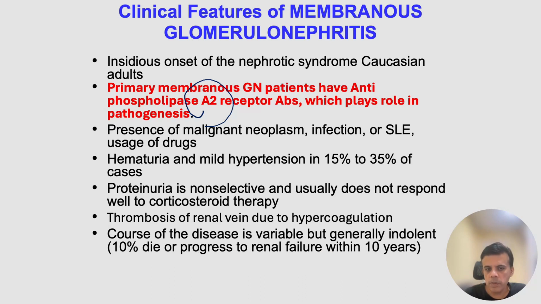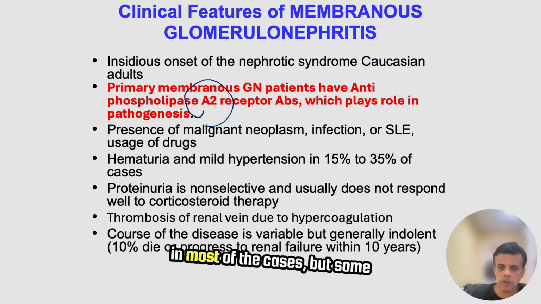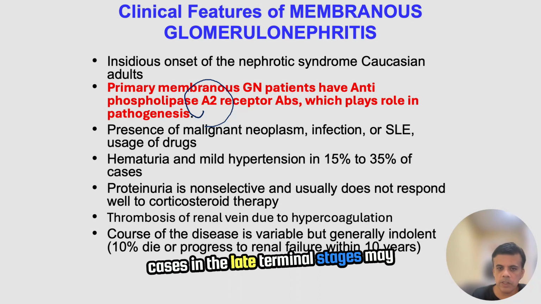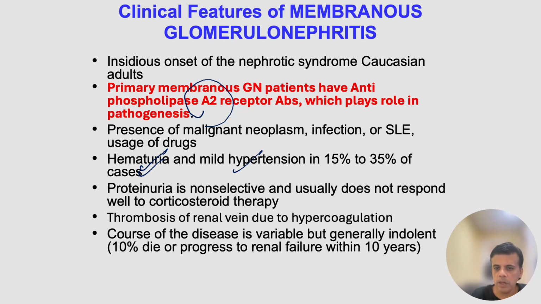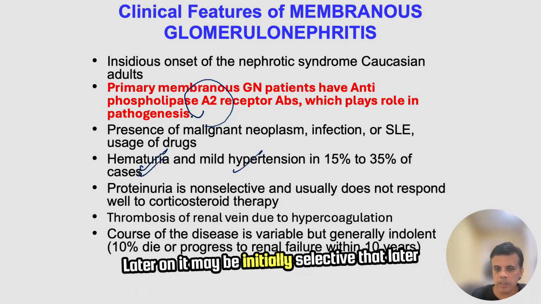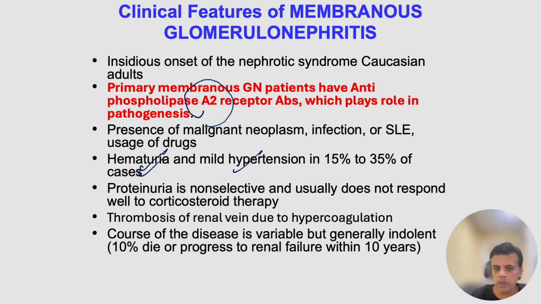Most cases present with nephrotic syndrome, but some cases in the late stages may also have nephritic features like hematuria and mild hypertension. Proteinuria may initially be selective, but later on it may become non-selective.